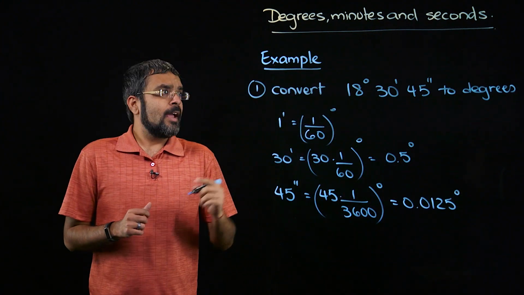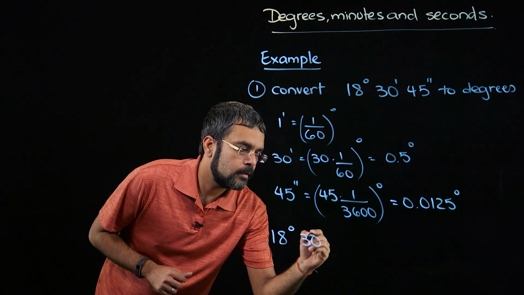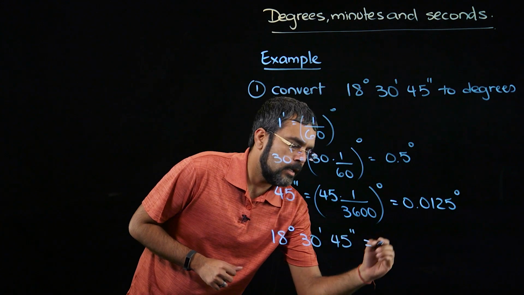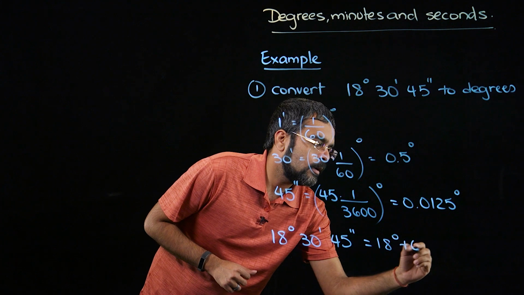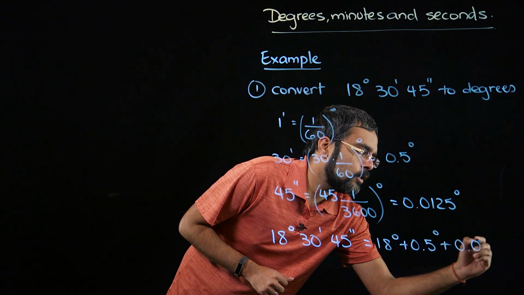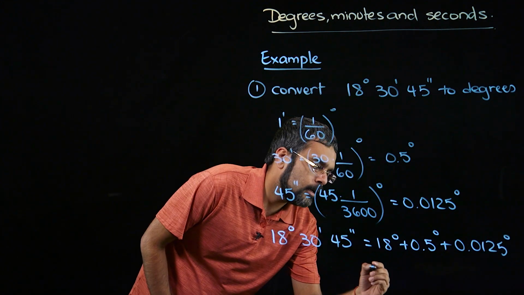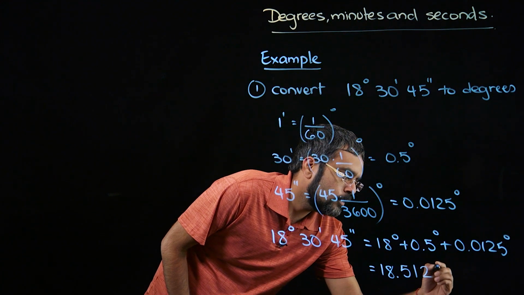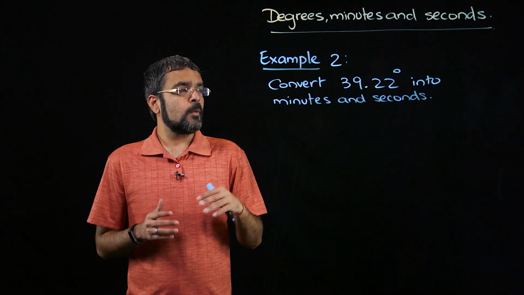So then 18 degrees, 30 minutes, and 45 seconds is equal to 18 degrees plus 0.5 degrees plus 0.0125 degrees. So it's going to be 18.5125 degrees.